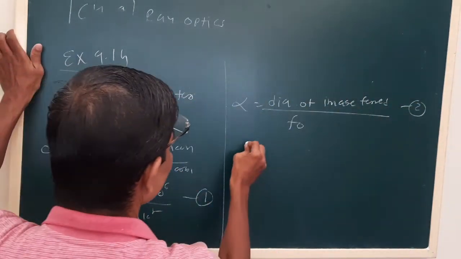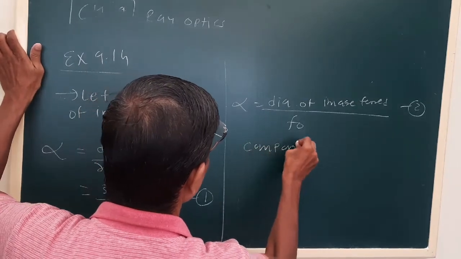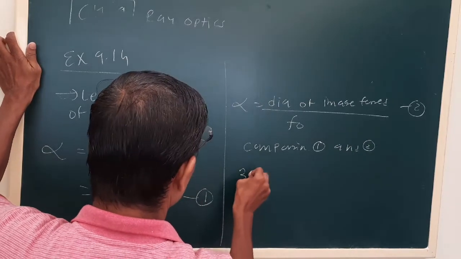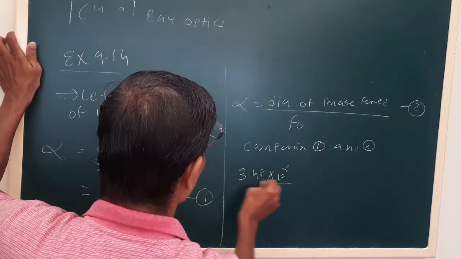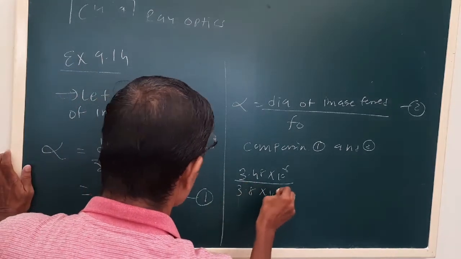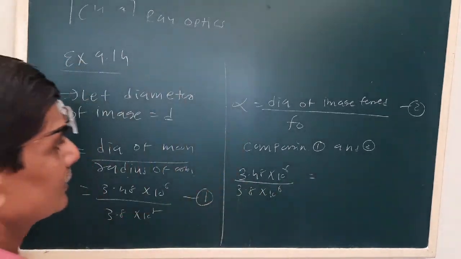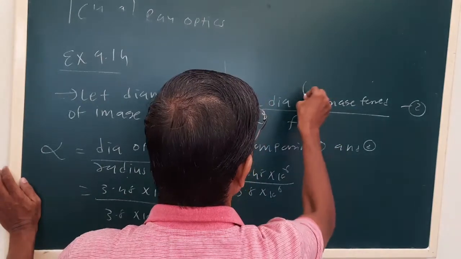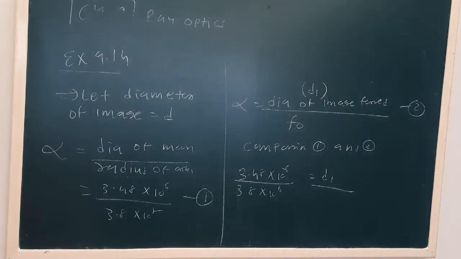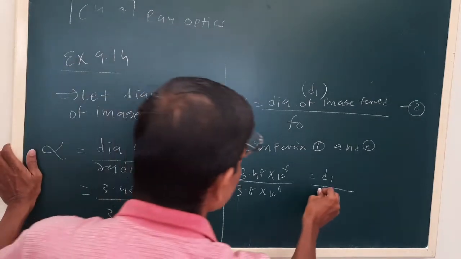So comparing 1 and 2, D upon FO equals the moon's diameter upon the orbit radius, which is given as 3.8. Let us say the diameter of the image formed is D1. FO is the focal length of the objective, given as 15 meter.